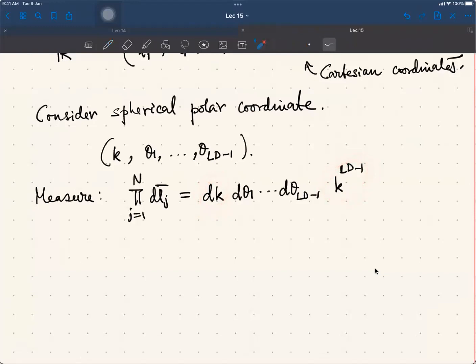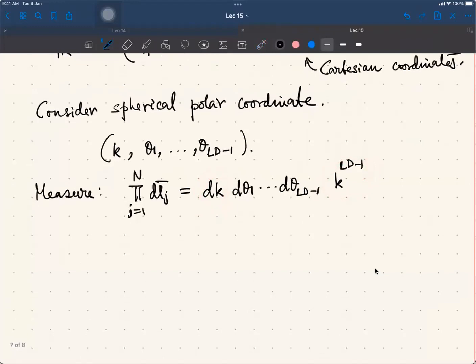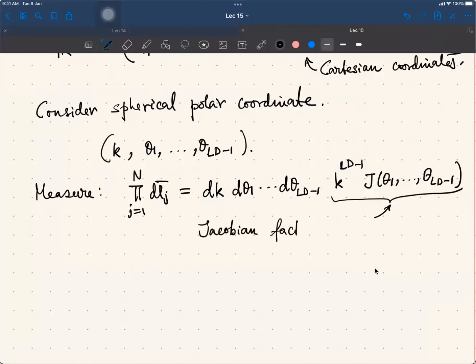So net dimension should be 3. So that is the same here. And there will be a theta dependent factor. This entire thing is the Jacobian factor coming from the coordinate transformation between the Cartesian system and the spherical polar system.